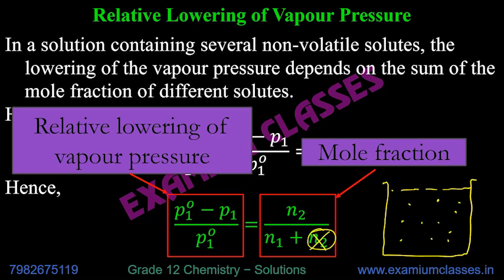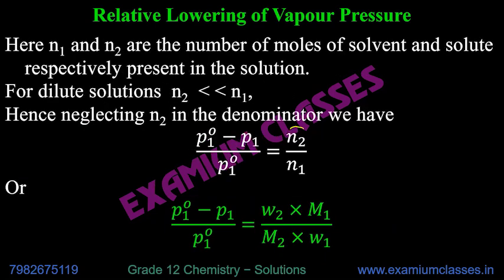So if it is the case, it will be reduced to N2 divided by N1. It was N1 plus N2, this is neglected. And you know the number of moles is given mass upon molar mass. So N2 is W2 upon M2, N1 is W1 upon M1.